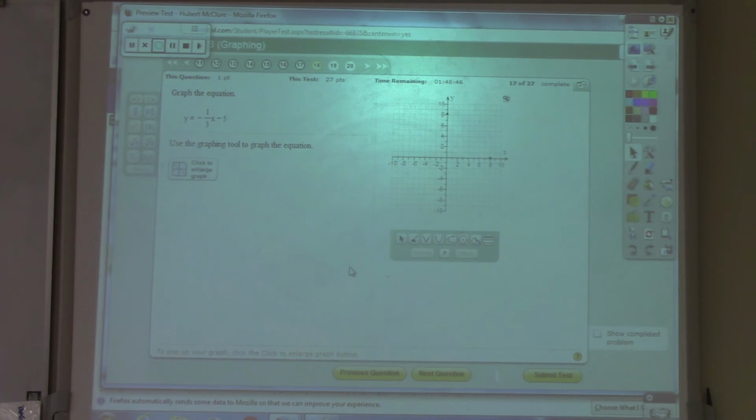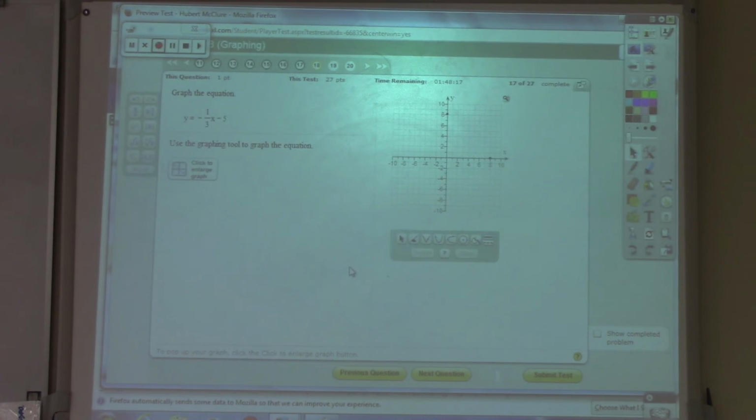All right, which method? Doesn't matter. Why doesn't it matter? Because I told you that whenever it just says graph, what method can you use? Any of them. It doesn't matter.